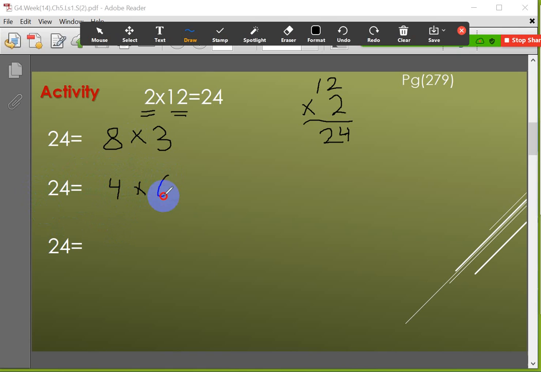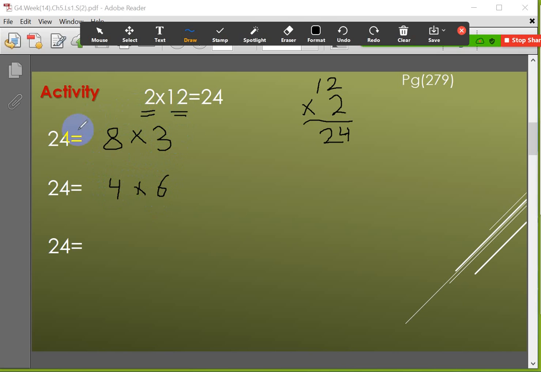In the multiplication table. Very good, girls. So 4 times 6 also equals 24. That means those numbers are also factors for this number, 4 and 6. Yes, Noura. Very good. Okay, so until now I have 2 and 12, 8 and 3, 4 and 6.